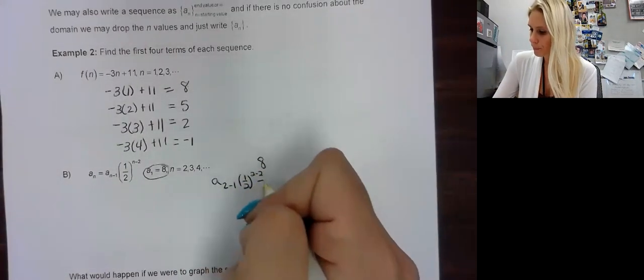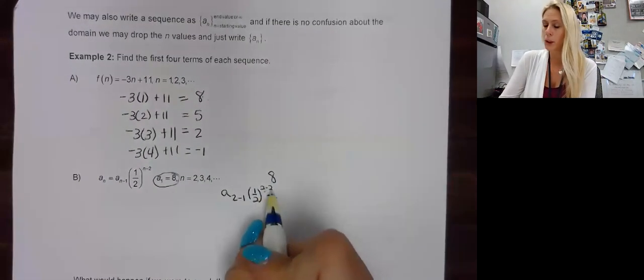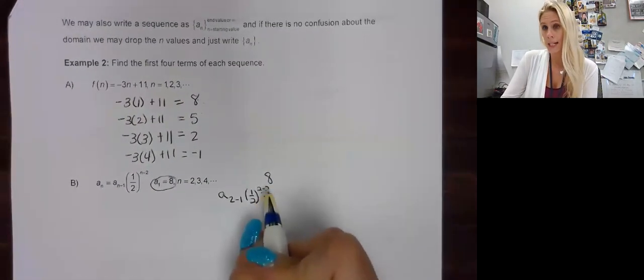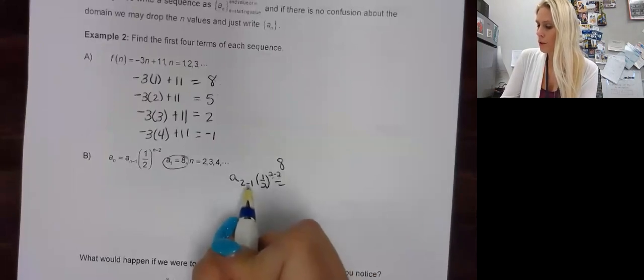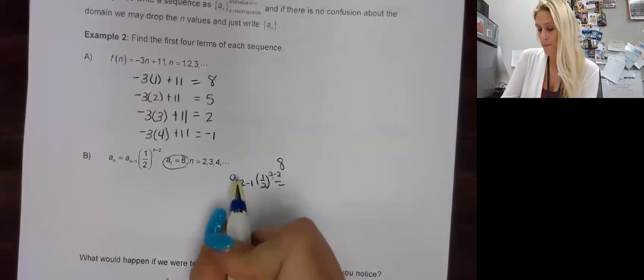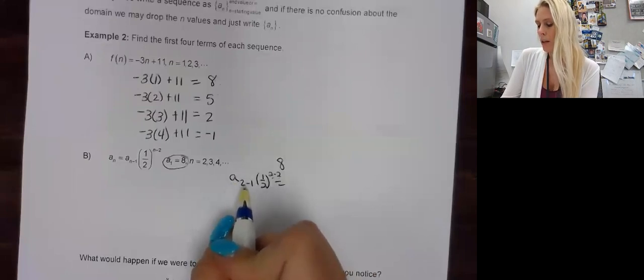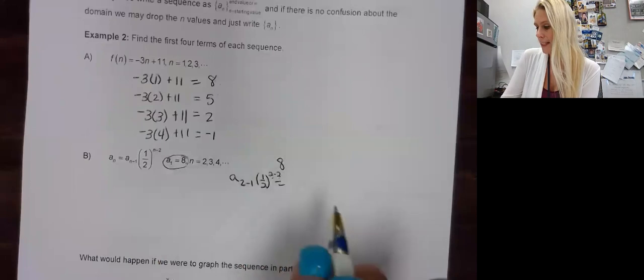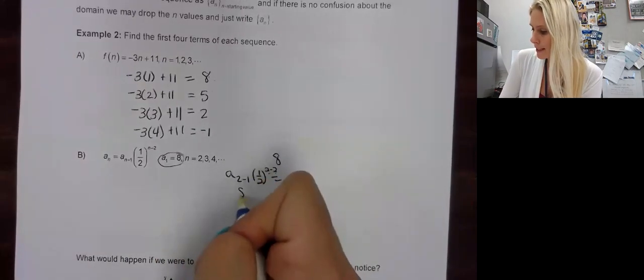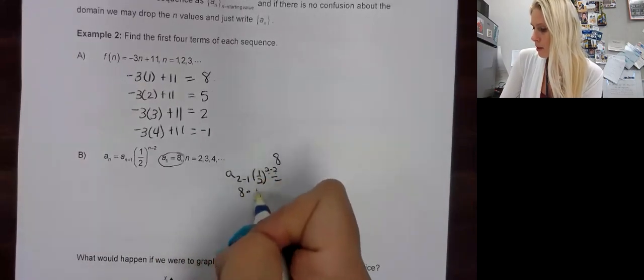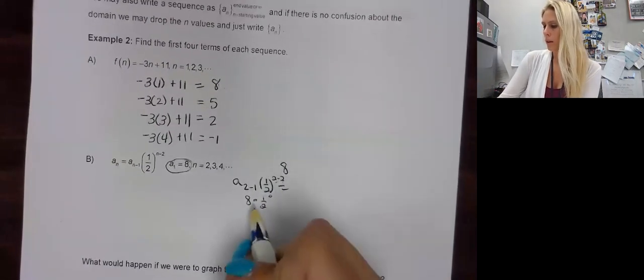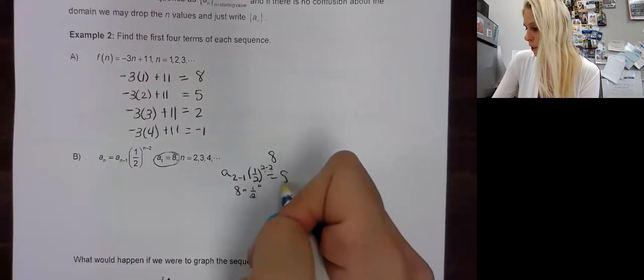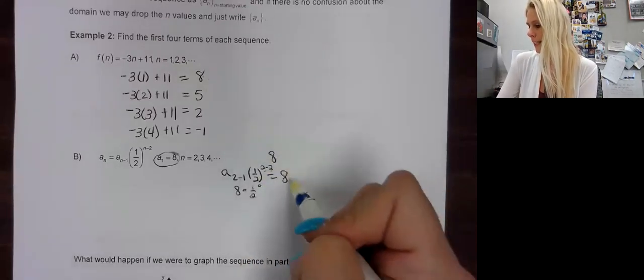Well, 2 minus 2 is 0, and anything to the 0 is 1. A sub 2 minus 1 would be a sub 1. Well, what was our a sub 1? It was 8. So this is saying 8 times 1/2 to the 0, which equals 8. So far our pattern goes 8, 8.